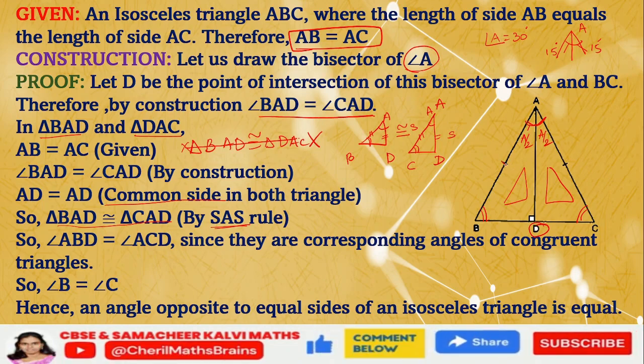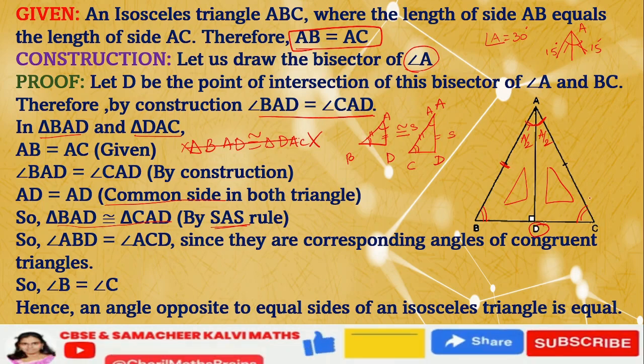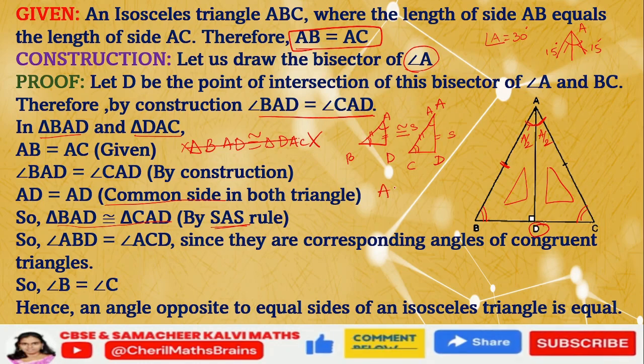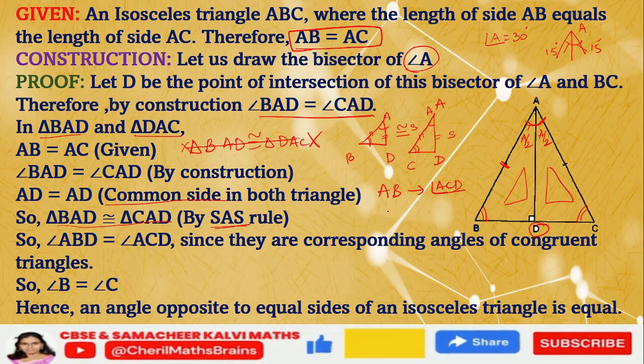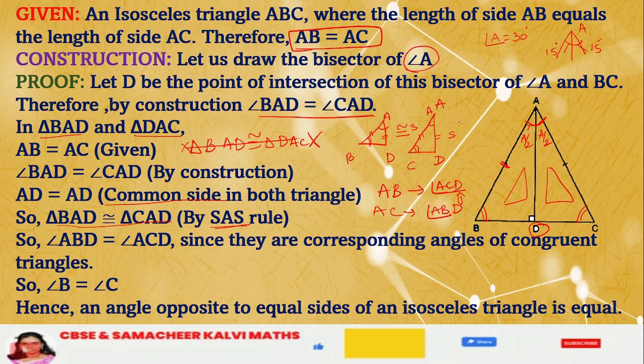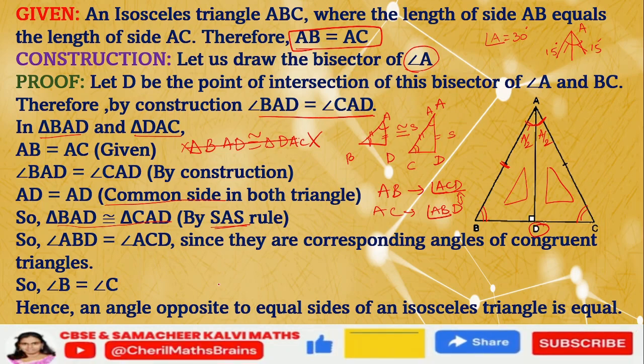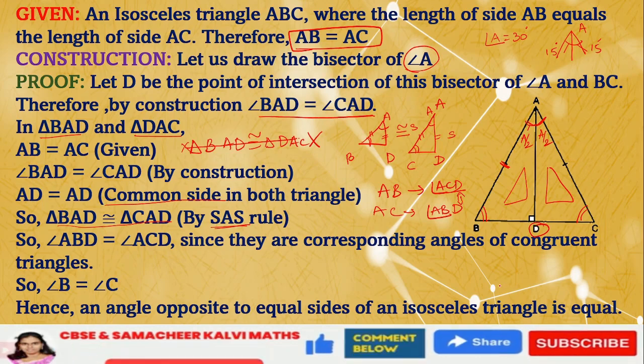So equal sides of the triangle are AB and AC. The angle opposite to AB is angle ACD, and the angle opposite to side AC is angle ABD. Now have we proved that these two are equal? Yes. So thus we have proved that the angles opposite to the equal sides of an isosceles triangle are equal.